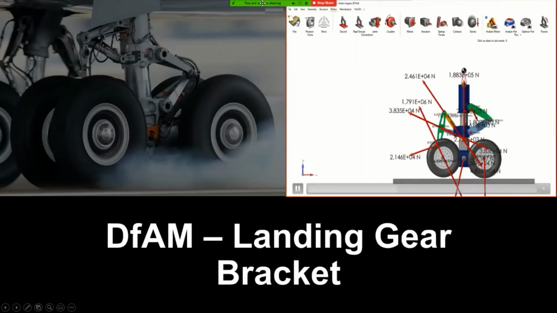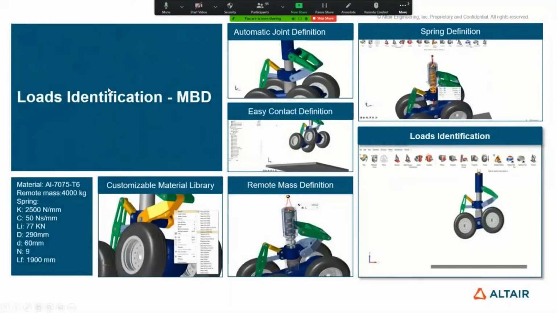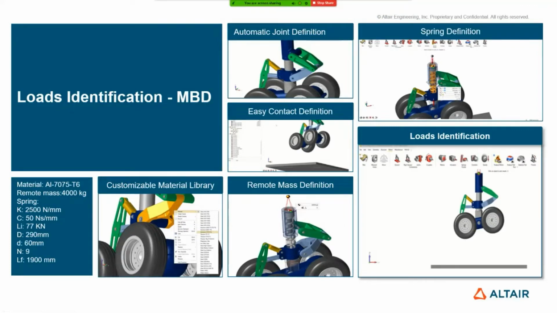Once we understand the load, that's what is happening over here. To identify the load, you first have to do what is called an MBD study, that is a multi-body dynamics study, where we can set up a mechanism problem and understand how the loads are coming on each of the joints. There are multiple steps. For example, we'll first create the joint. Then we'll define maybe springs and actuators.